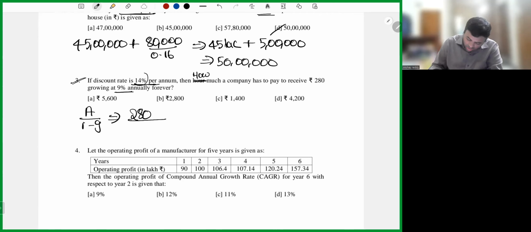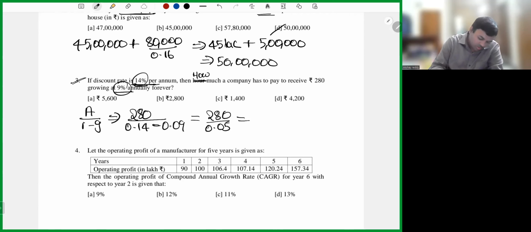What is I? R by 100, 0.14. Growth, 9 by 100, 0.09. So 280 divided by 0.05, which is equal to 5,600.